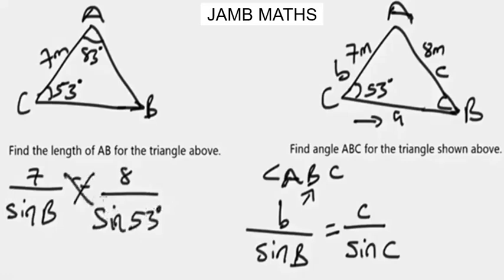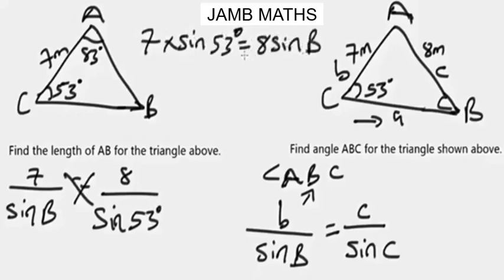So when you cross multiply, you're going to have 7 times sine 53 degrees equals 8 sine B.